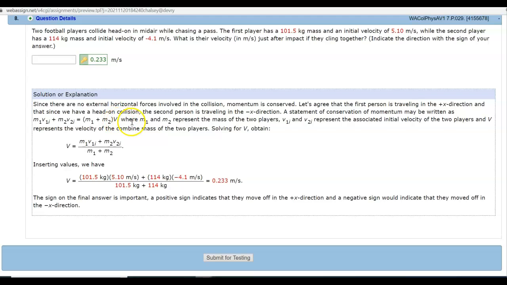prime, where M1 and M2 represent the mass of player 1 and player 2, and V1I and V2I represent the initial velocity of the two players.